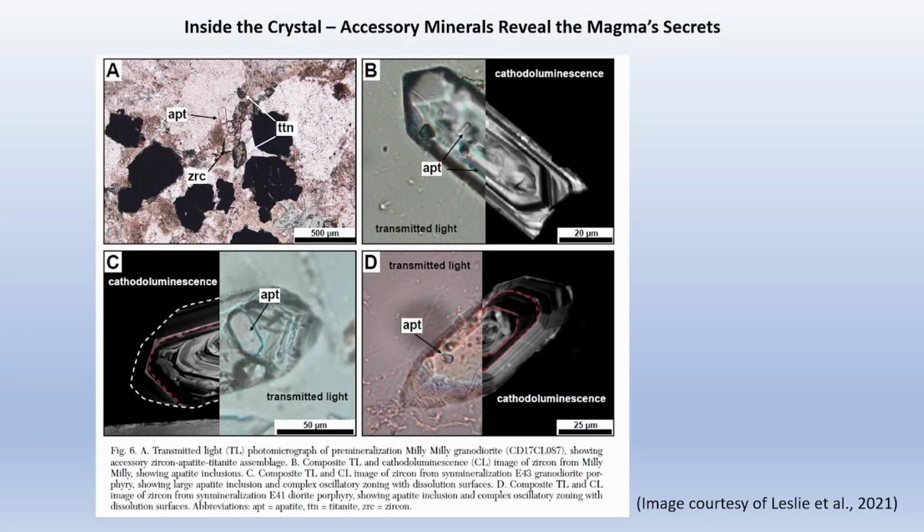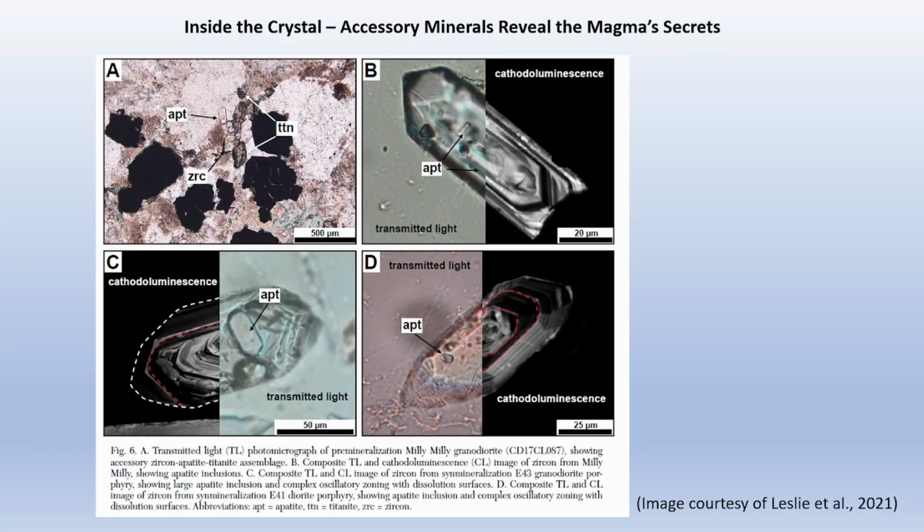In panel C, we have zircon from E43 porphyritic granodiorite, which is revealing a large apatite inclusion and complex oscillatory zoning with resorption boundaries, which are highlighted by dashed lines.